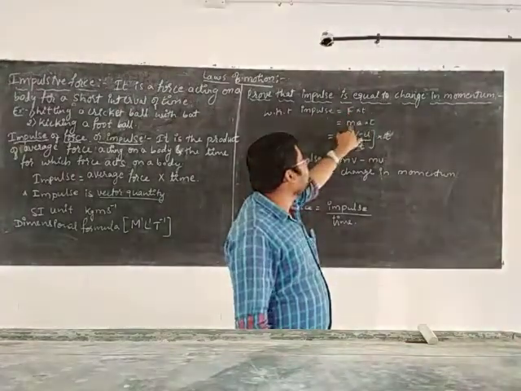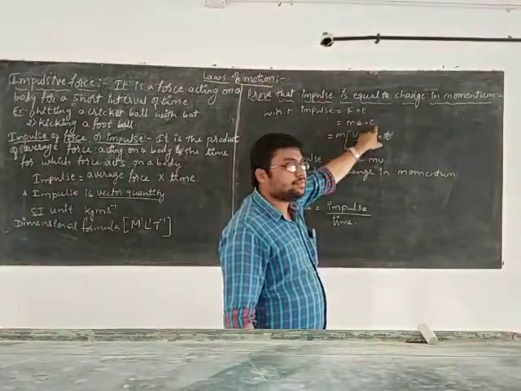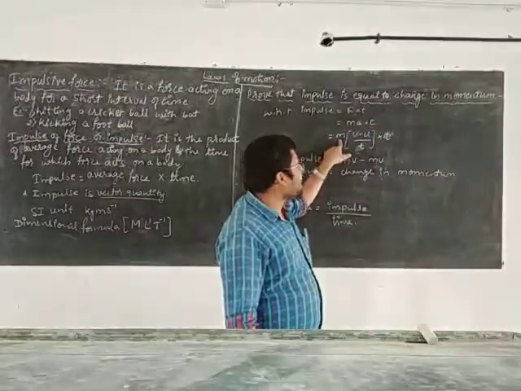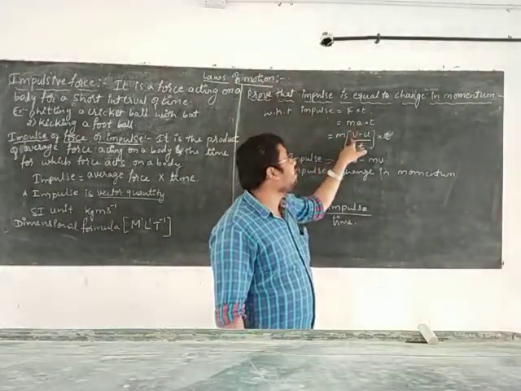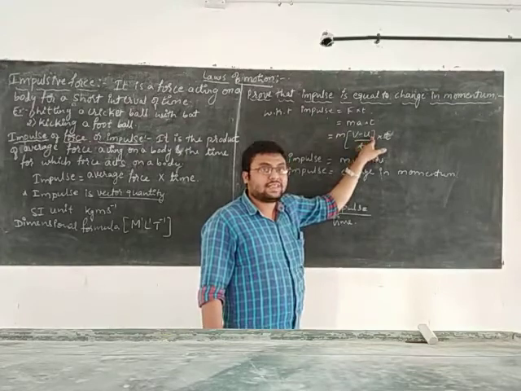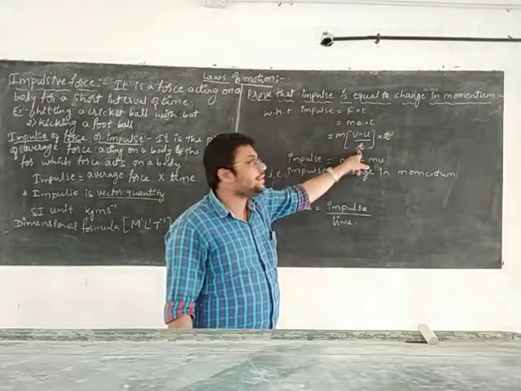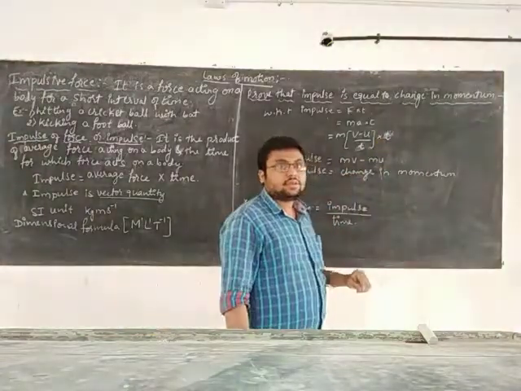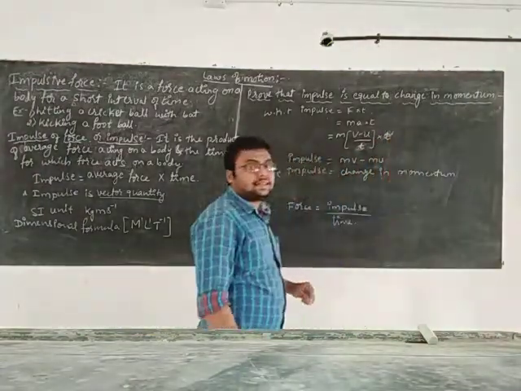Force means mass into acceleration, and into this time. So I'll write mass, and acceleration I'll write as final velocity v minus initial velocity u divided by the time interval, into t. As you can see here, this t and t will get cancelled.